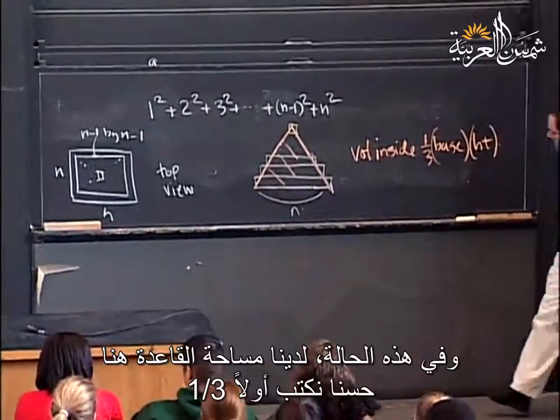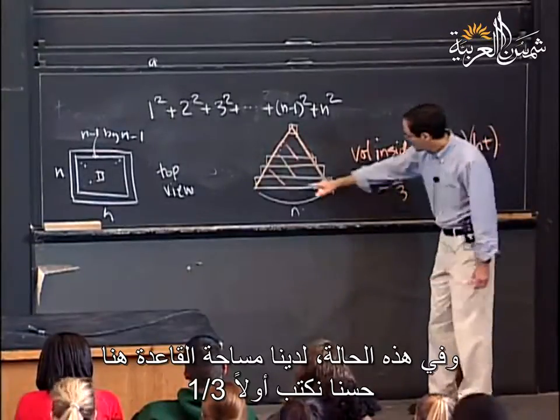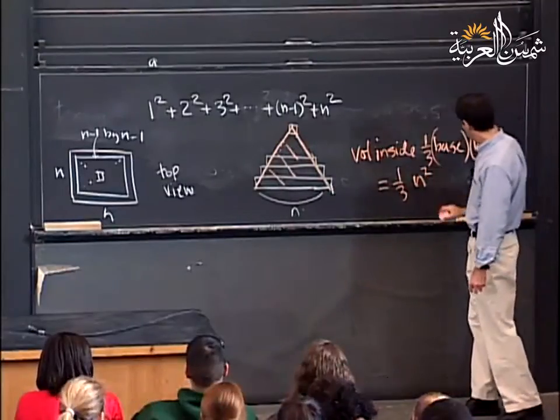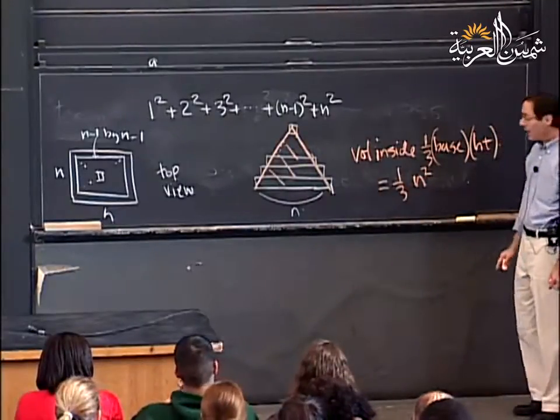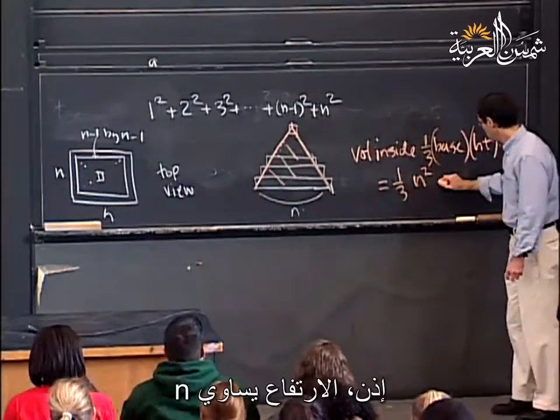In that case, that's 1/3, and the base is n by n, right? So the base is n squared. And the height goes all the way to the top point. So the height is n.